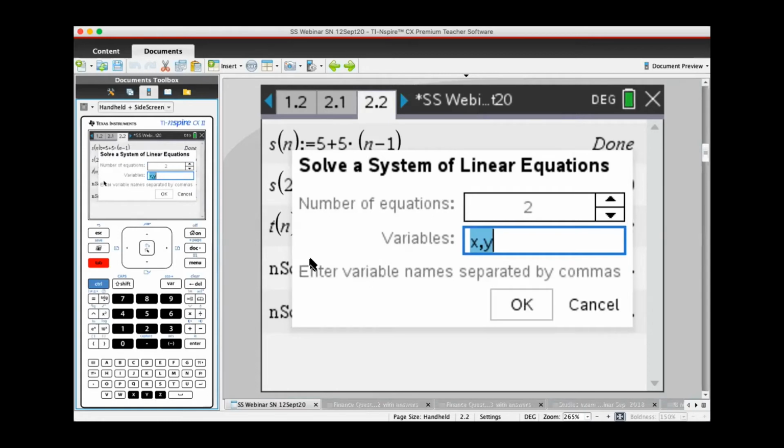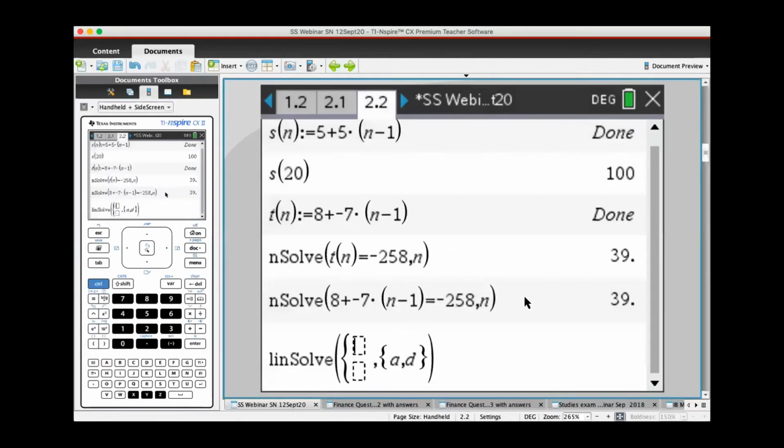I can use A and D because that brings me a sense of comfort at times, because that is what you want to find. So I can go back here, I can change these, and I can write A, and instead of the Y, write D, because A being the first term and D being the common difference. And again, I use my tab to say I'm okay with this, right?